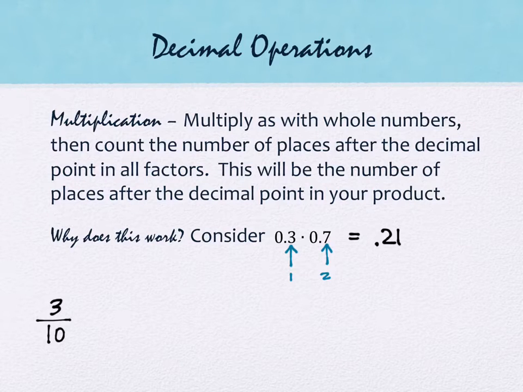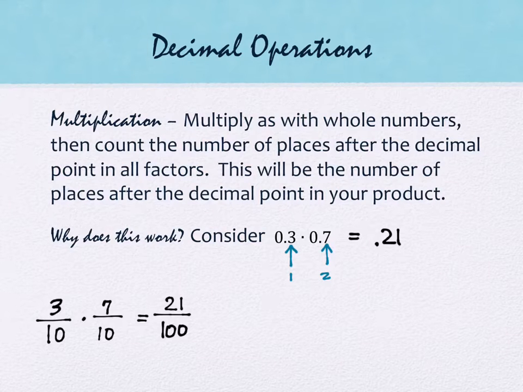So 0.3 as a decimal looks like 3/10 as a fraction. And 0.7 as a decimal is 7/10 as a fraction. And if I multiply across the top, there shows up that 21. But what do I get when I multiply across the bottom? 100. And what do I do to put 21 over 100 in decimal form?